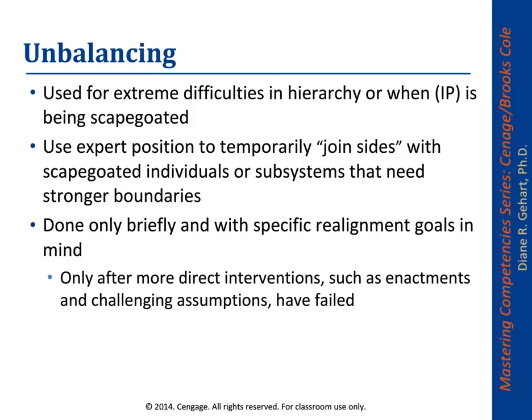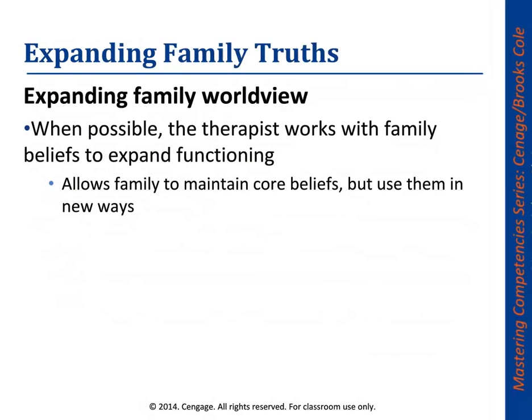Unbalancing is when the therapist takes the side of the scapegoat, or this person who is in a very weak position, in order to have their perspective or voice have some validity. And it's only done very briefly with very specific goals to help realign, and only after more direct interventions such as enactment or challenging assumptions have failed. But this is, again, another technique the therapist can use when the family isn't responding to other more direct approaches.